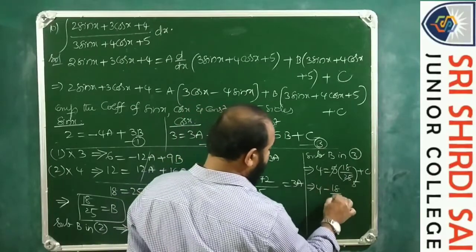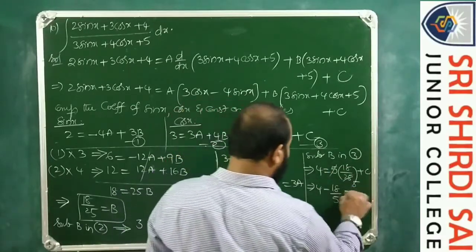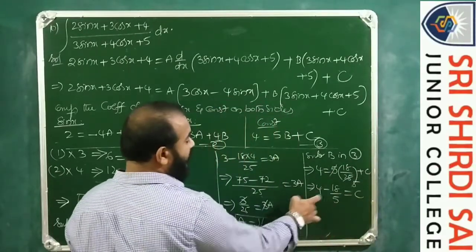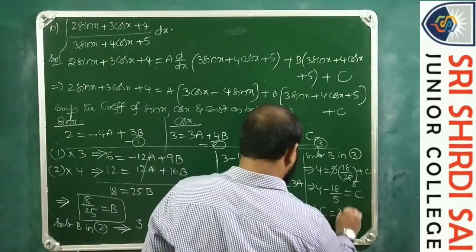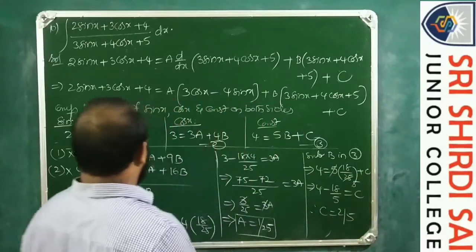If you transpose to the other side, 4 minus 18 by 5 equals C. 5 4s are 20, 20 minus 18 is 2, so 2 by 5. Therefore, C is equal to 2 by 5.